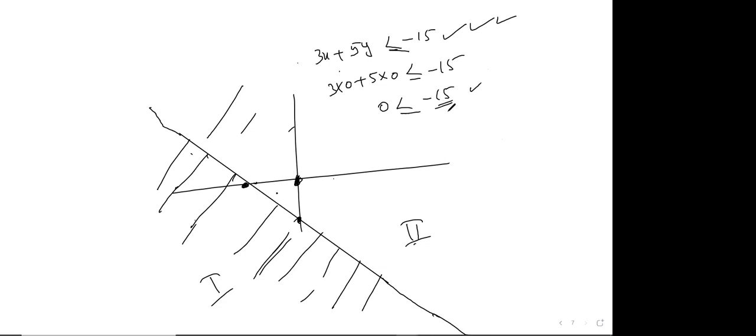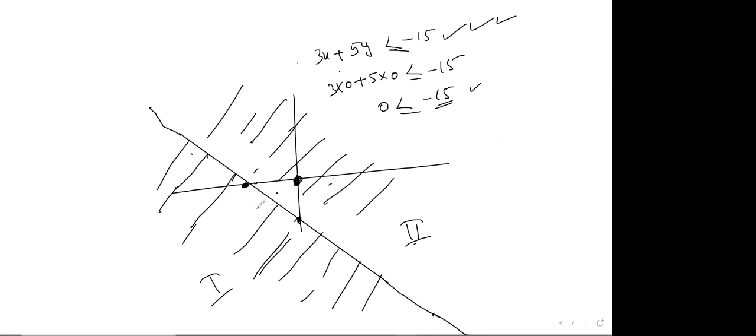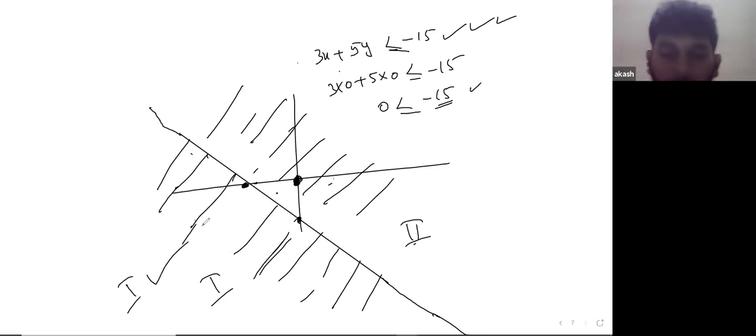Okay, sir, got it. So this means that this point is not in our answer. That means this area cannot be in our answer, right? So our answer is area 1.